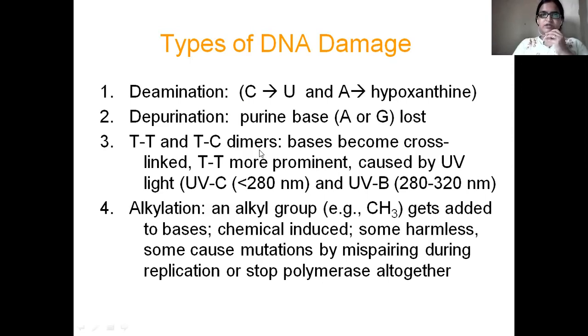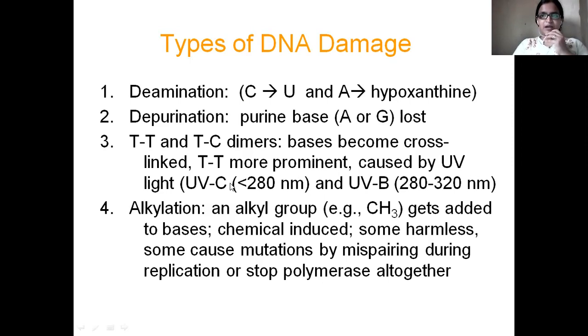Okay, so out of these two, TT dimers are more prominent, and in this dimer formation, there is a covalent bond formed between two adjacent thymines, or two adjacent cytosines, or a thymine and a cytosine. Whatever be the combination, there is a covalent bond formed between adjacent pyrimidines. Now, this problem is caused by UV light.